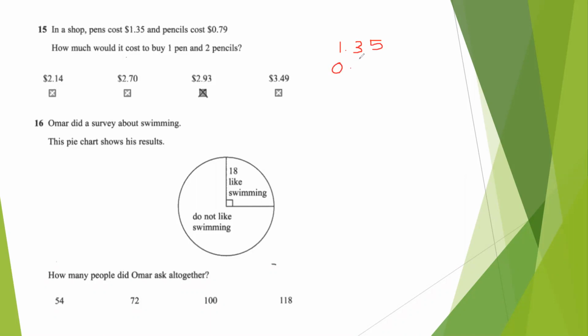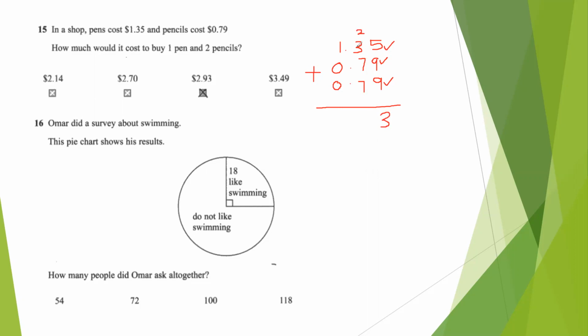So remember to write it in the correct place. And you're not going to buy only 1 pencil. You're going to buy 2 pencils. So you have to add another one. Now what you have to do, you have to add them correctly, right? That's the way. So when it comes to the paper, better write one under the other. 9 plus 9, 18. 18 plus 5, it's 23. So you write 2 here.